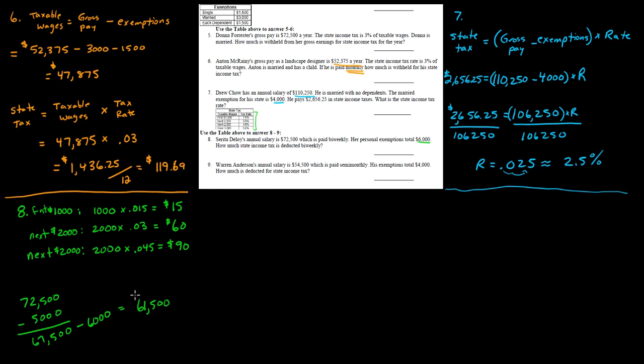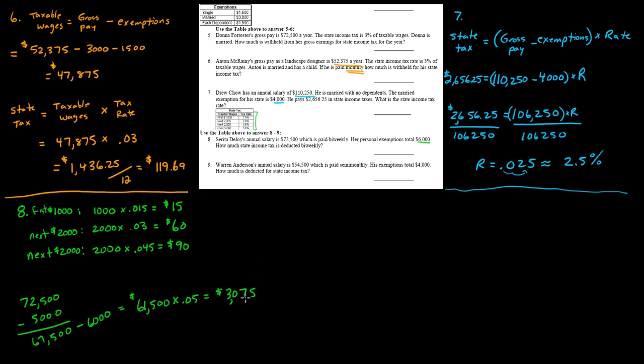That leaves me with $61,500 that I still have to pay taxes on, the amount over 5,000 like it says right there, and that's at 5%. So I multiply 61,500 times 0.05, and that gives me $3,075.